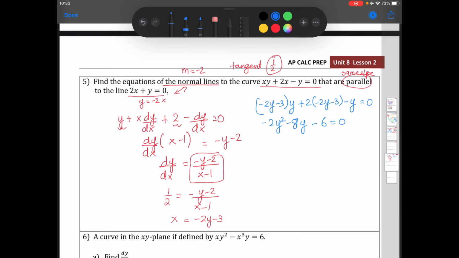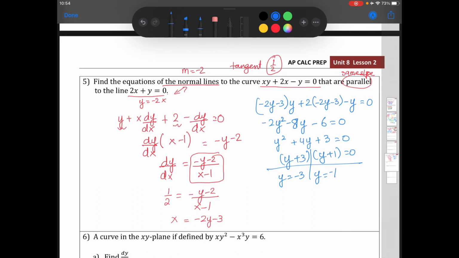Factor out the negative 2, I'm left with y squared plus 4y plus 3 equal to 0. Factor, it'll be (y plus 3)(y plus 1) equal to 0. Set your t-chart, you get y equals -3 and y equals -1. So these are your y values.